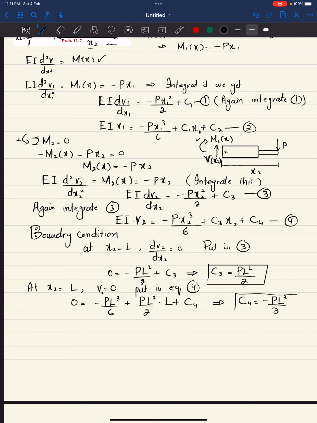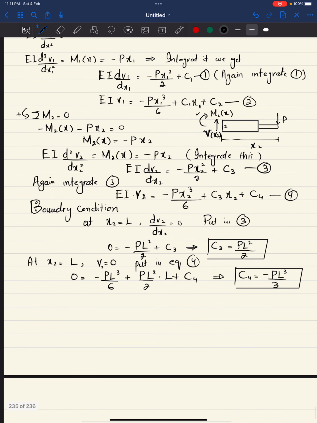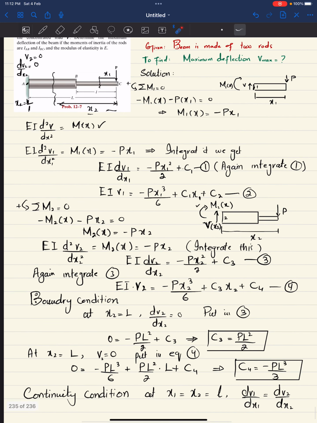Now we have C3 as well, so we will move towards C1 and C2. From the continuity condition, I will also show you what the continuity condition is: at x1 is equal to x2 is equal to small l, we have dv1 over dx1 is equal to dv2 over dx2. You can see that x1 starts from here and x2 also starts from here.